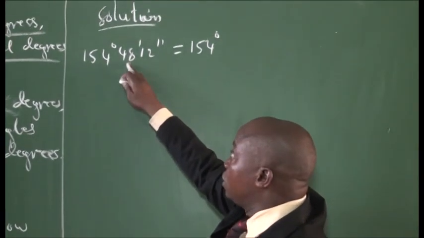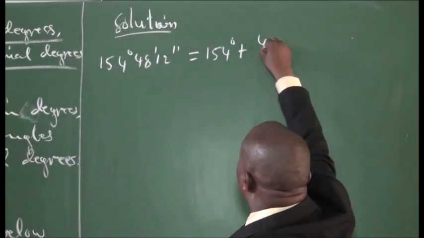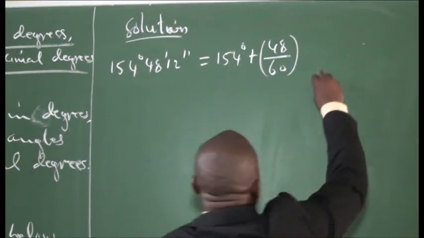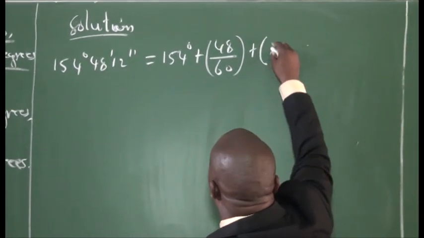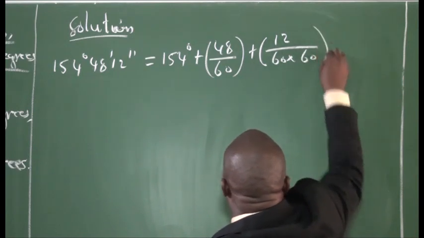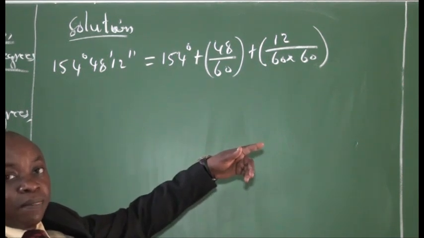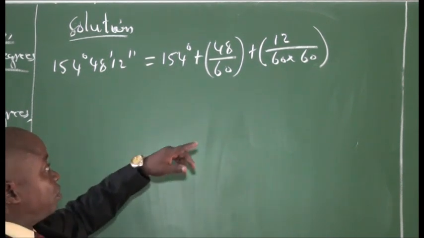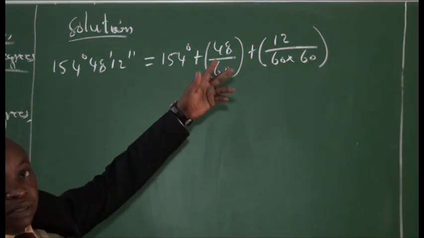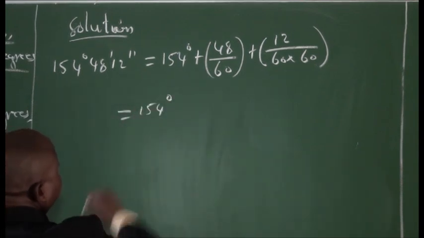Now this is in minutes, so to convert that, we say plus 48 over 60. Then plus 12 over 60 times 60, and we know that 60 seconds make 1 minute. So we have 60 minutes times 60 seconds.